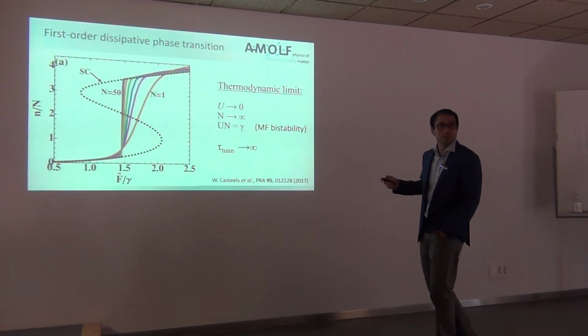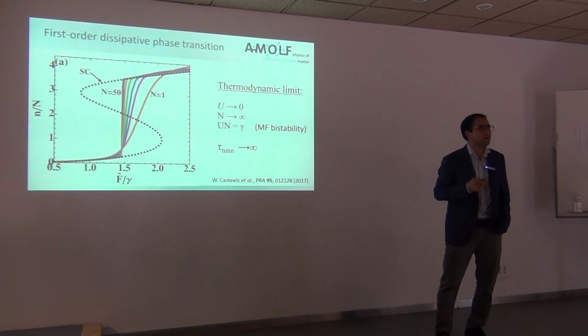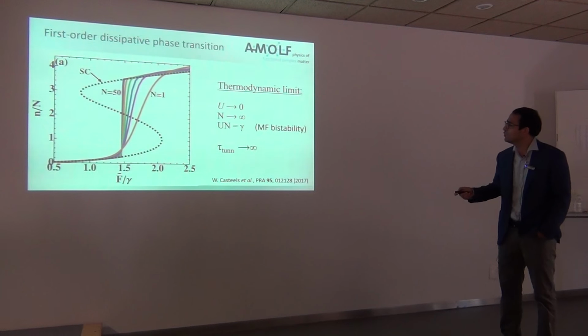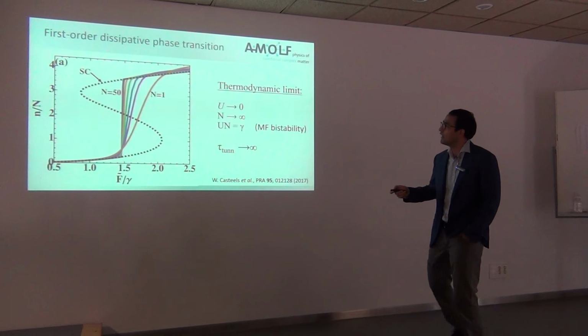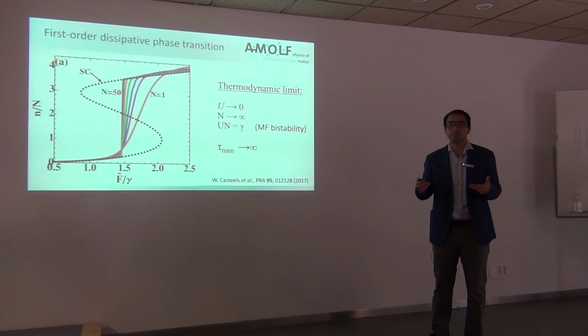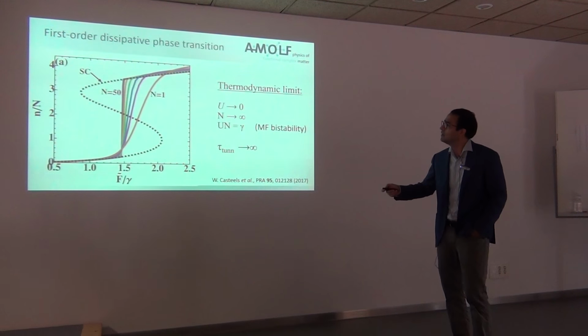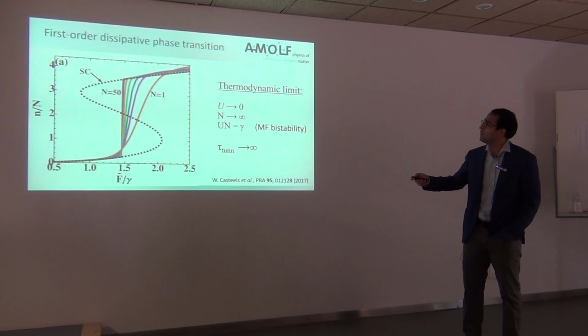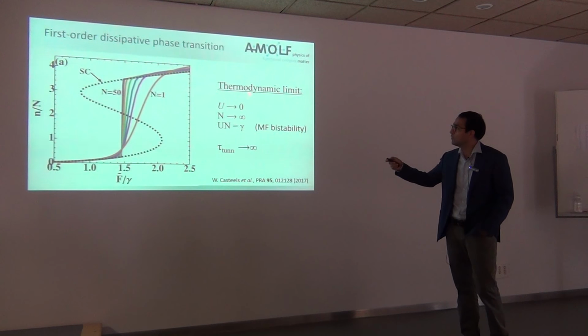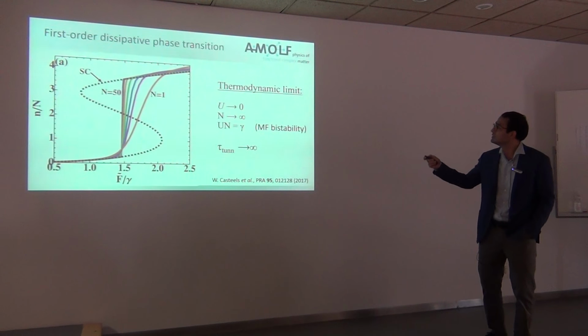Okay, so after this paper, the group of Cristiano further developed this topic, and they show that in the limit of high density, as you expect, fluctuations become negligible, and there is a first-order phase transition. And you can see this by performing the following limits.